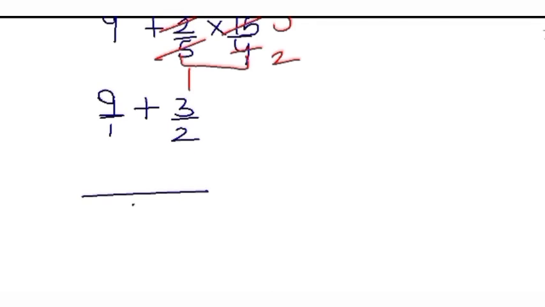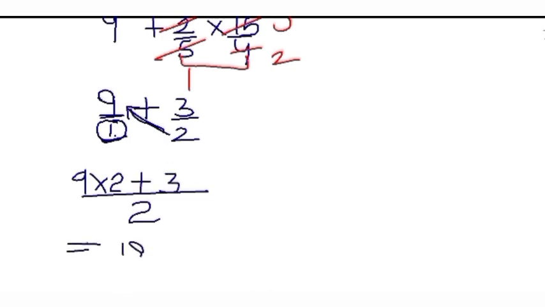Now the LCM is 2. The LCM of 1 and 2 will be 2. So to make this 1 into 2, with which number will you multiply it? You will multiply it by 2. So multiply this numerator also by 2, or you can directly multiply this number by this. If there is nothing in the denominator, you can directly multiply. Plus 3. Now solve it. 9 2s are 18 plus 3 upon 2. 18 plus 3 is 21 upon 2.